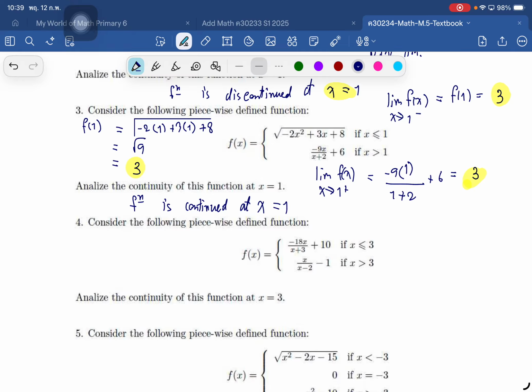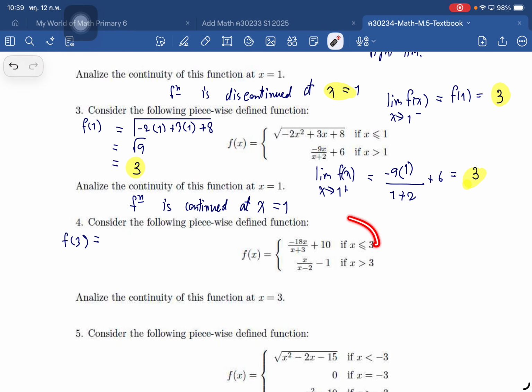It will be equal to the limit of f(a plus h) minus f(a), divided by h. After we simplify this, we let our h approach 0.